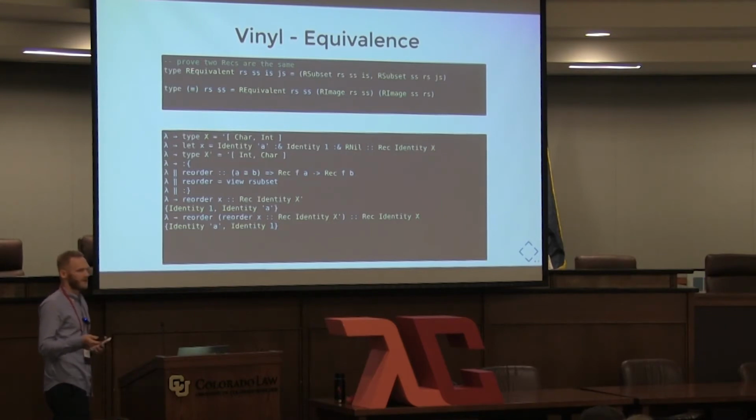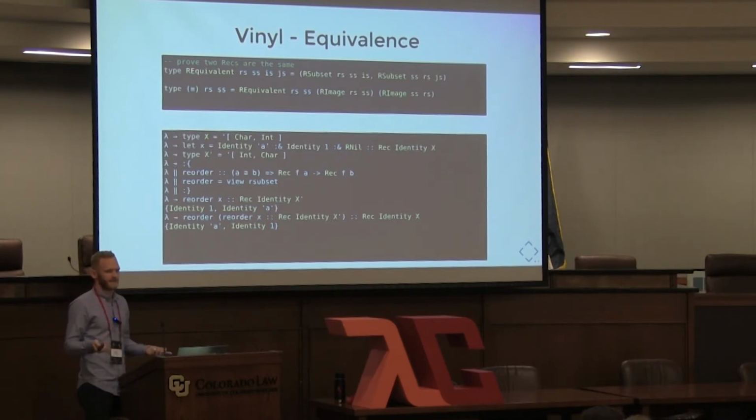So basically, the way that you would use this is to reorder a bunch of fields within your type. And that's exactly what we have done here. So X prime is integer and then character. This is just reordering the fields.